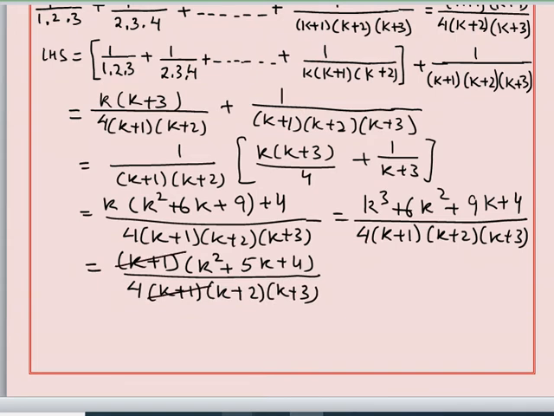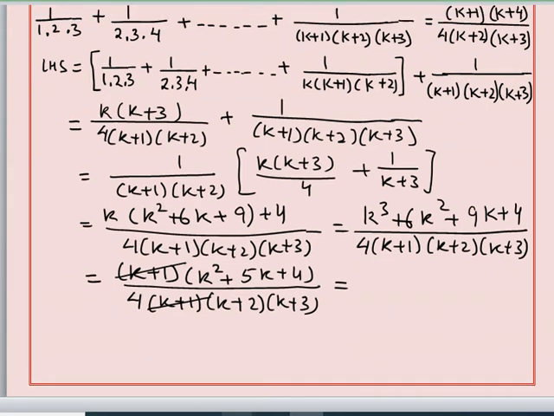And we can even factorize this term, which is in the numerator. You can see it is a quadratic polynomial. We can split the middle term. We can write it as k plus 4k, and you will find the two factors it will reduce to is (k+1)(k+4). This entire term divided by 4 times (k+2)(k+3).